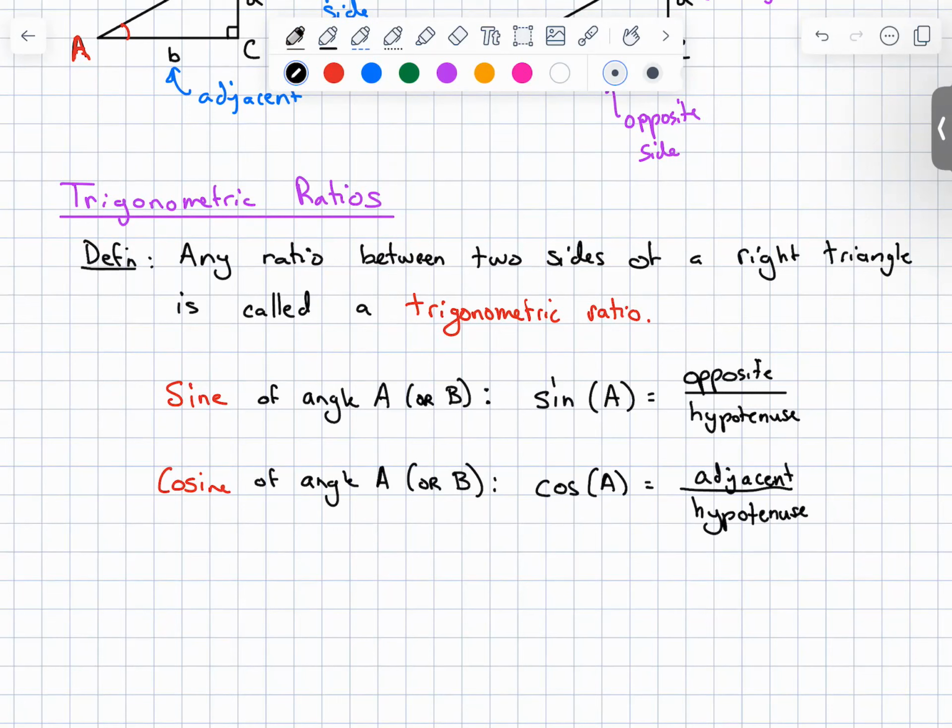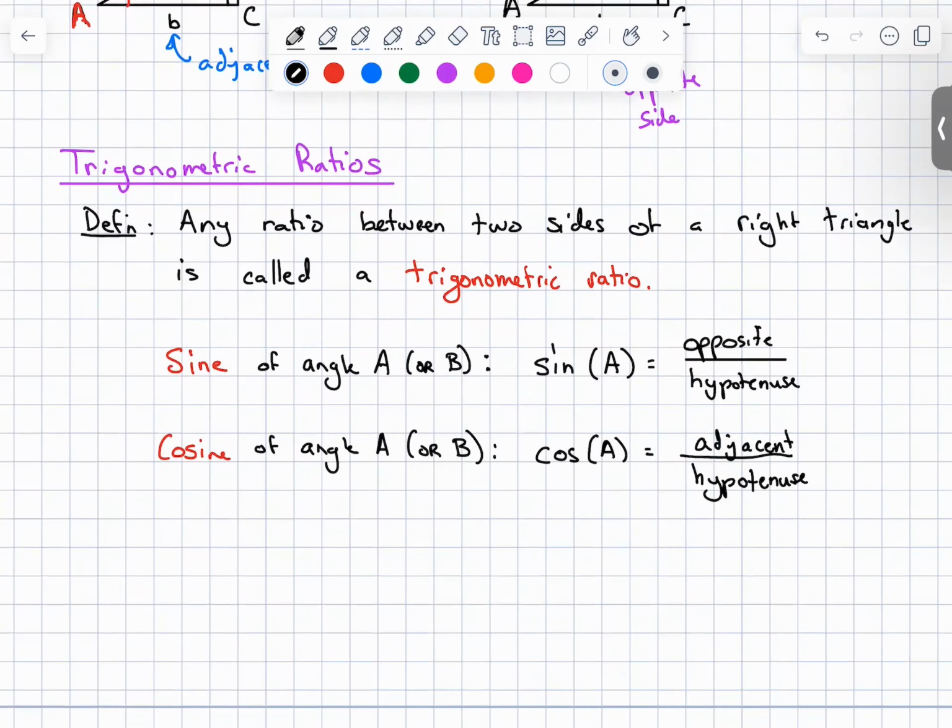And the last one that we are studying is tangent of angle A or B, it doesn't matter, because you can find the tangent of angle A and the tangent of angle B. The way we write it is tan of A, and it's equal to opposite over adjacent.